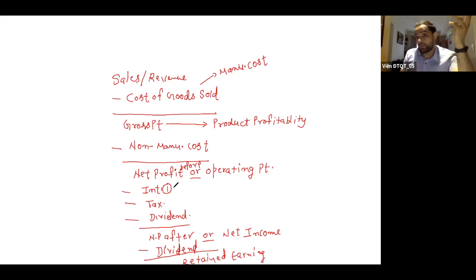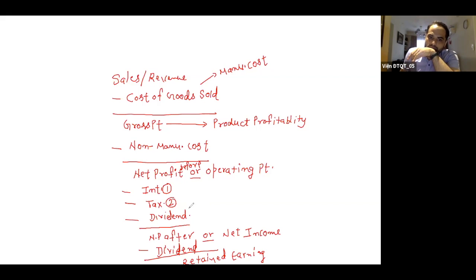We borrow money from the bank, we have to pay interest. Once we paid interest, we check, do we have profit or not? If we have profit, then we calculate the tax. Remember, we never pay tax on loss. We always pay tax on profit. If no profit, no tax. If you have loss, no tax.